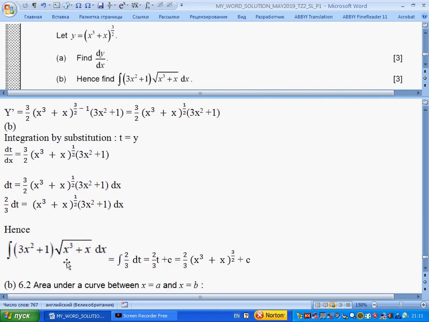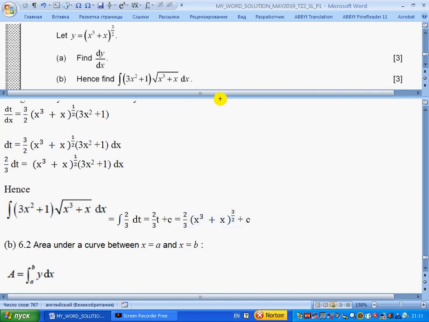Now to find this integral, you have all this expression to integrate, and you get 2/3 of dt to integrate, so you have 2/3 over t, and you put in the value of t. So this question is done.